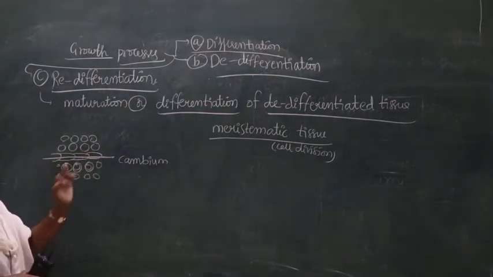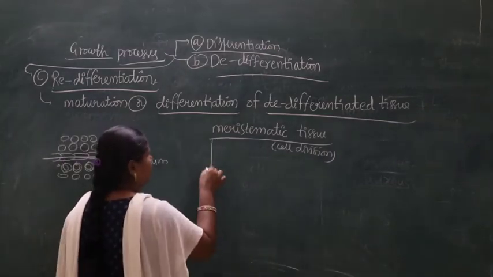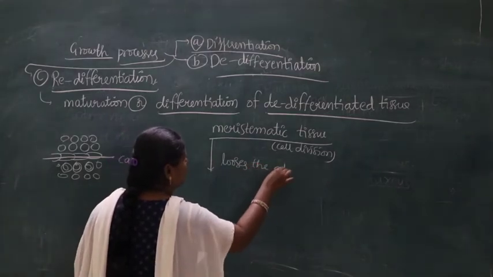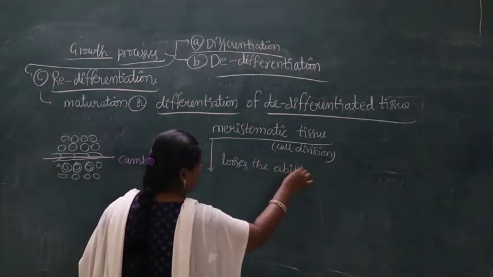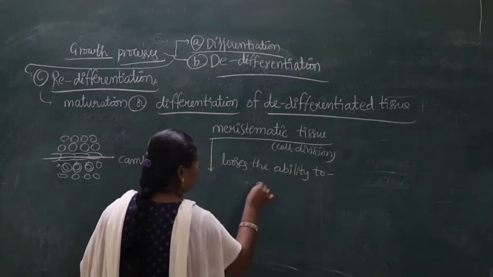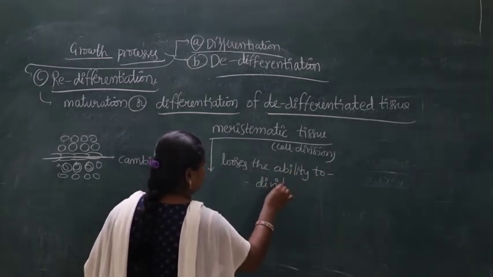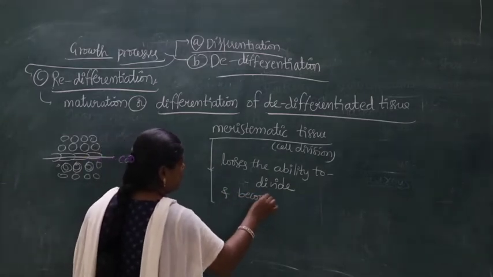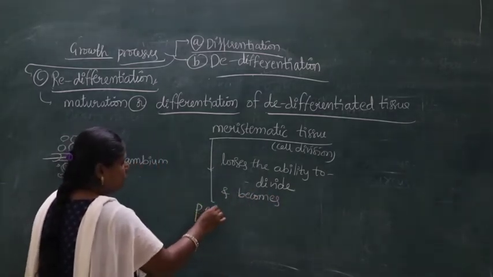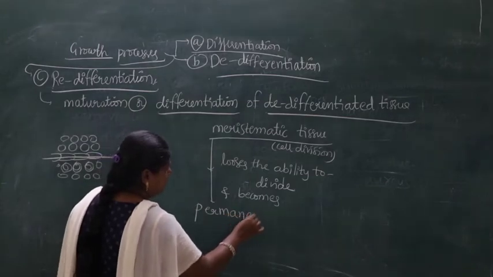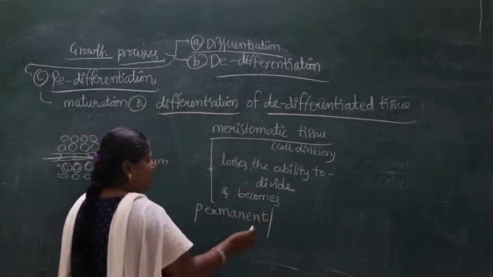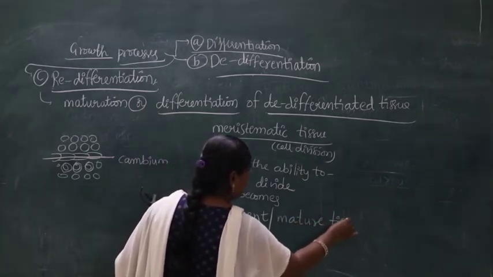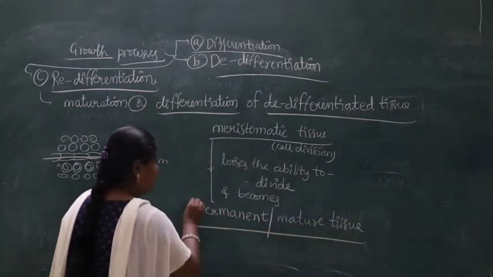Now this meristematic tissue once again loses the ability to divide, and becomes permanent tissue, or we write mature tissue.